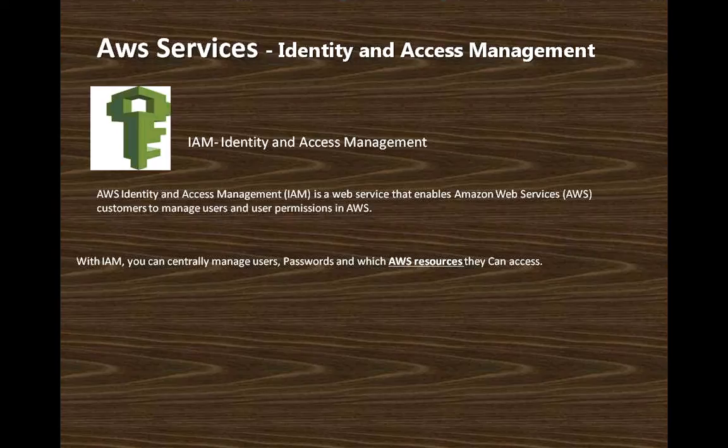Similarly, within the AWS cloud or Amazon Web Services, IAM is a centralized resource with the help of which you will be able to manage different users and groups, and control the resources they will be accessing according to the need.